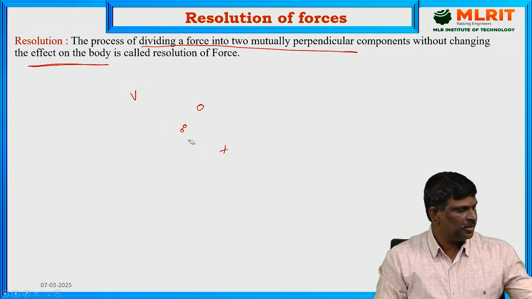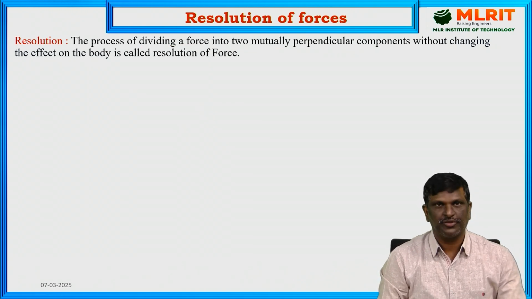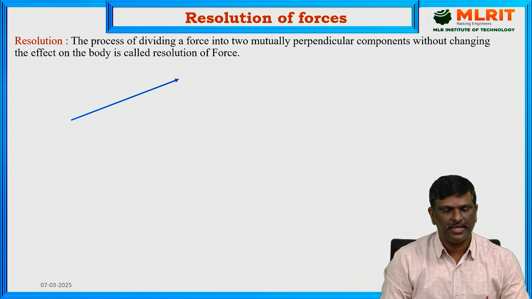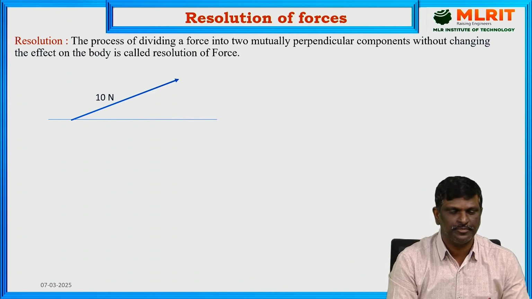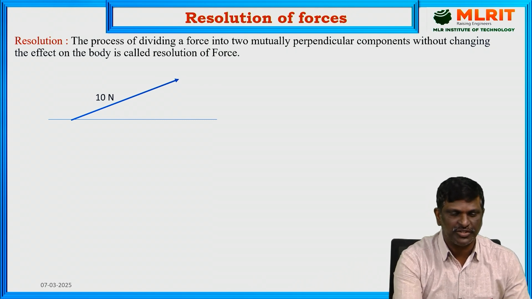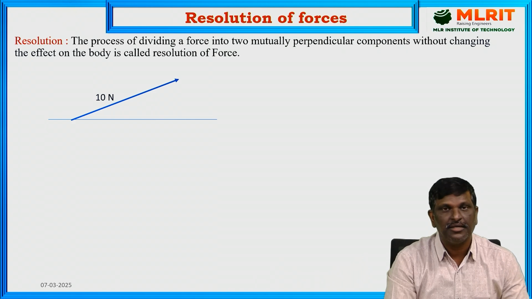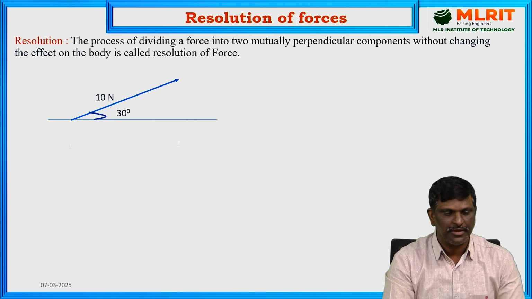Now let us see how to find the components of a given force. Take this example, a 10 Newton force is acting at 30 degrees to the horizontal. To find the horizontal component and vertical component, construct a rectangle ABCD in such a way that the force 10 newtons is the diagonal of the rectangle.